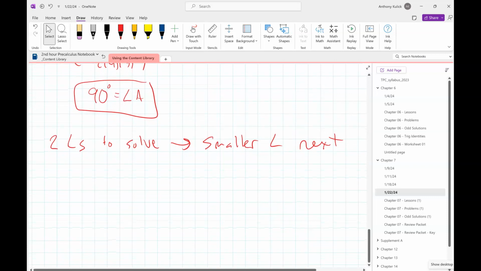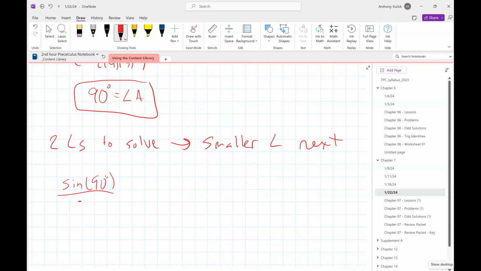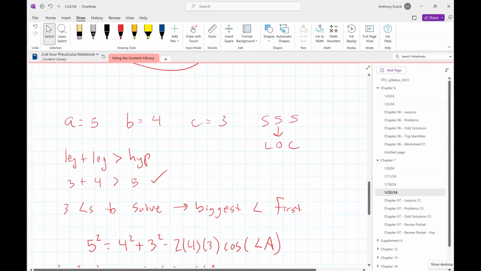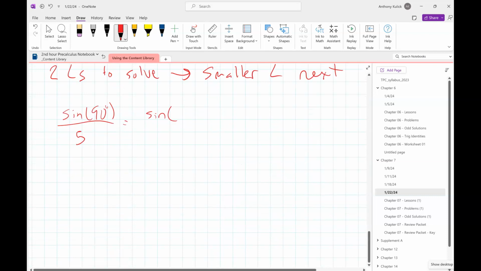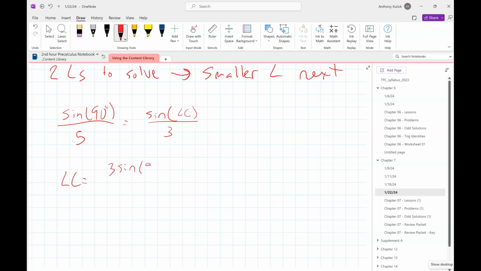Okay. Of those 2, B and C, which one am I looking for? C. How did you know C was the smallest? Because the side length is smallest. Okay, to solve for angle C then, I'm going to cross multiply, divide, and then do the sine inverse of both sides.